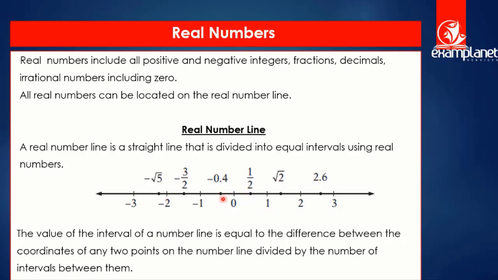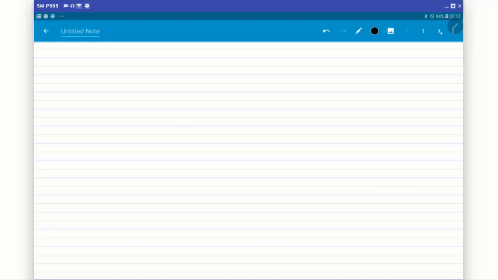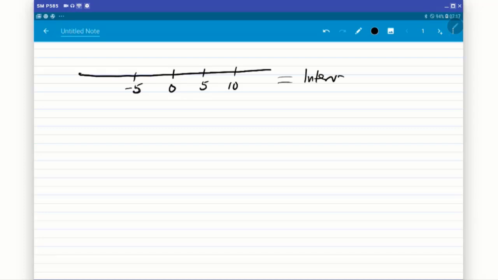Now, for example, if I have a number line like this, and I can see -5, 0, 5, 10. It is very obvious that the interval of this number line is 5, because if you add 5 to 0, you have 5, 5 to 5, you have 10.